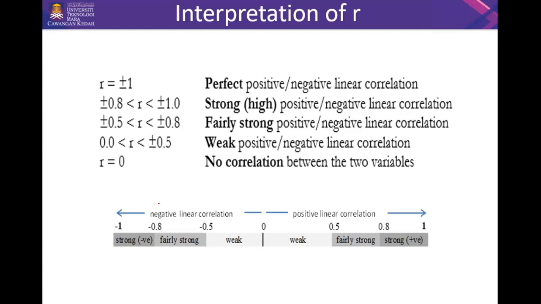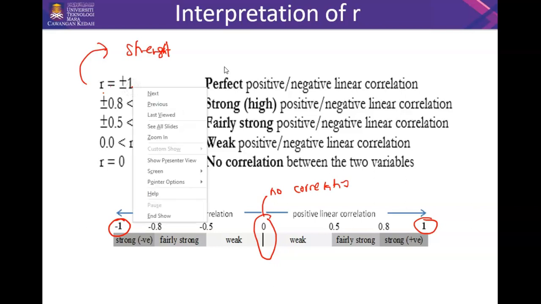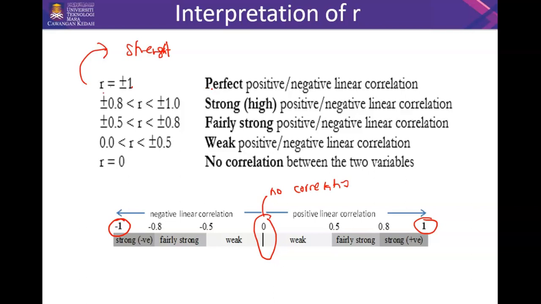The thing you have to remember is, in order to interpret the r value, the r value must be between -1 to 1, where 0 is no correlation. Okay, this is the strength value. If r equals 1, then we interpret that the relationship has perfect linear correlation.